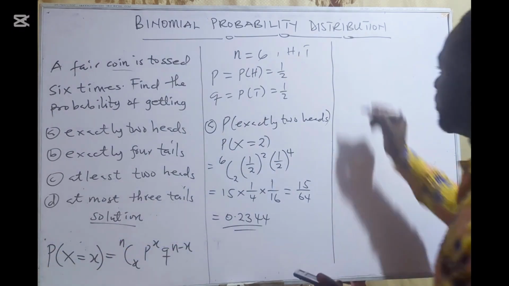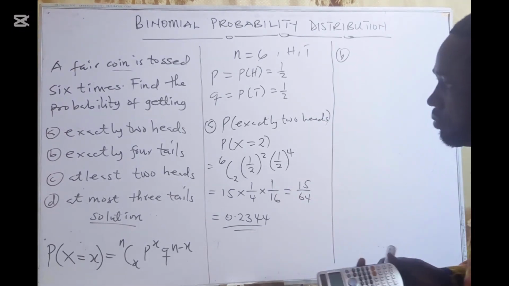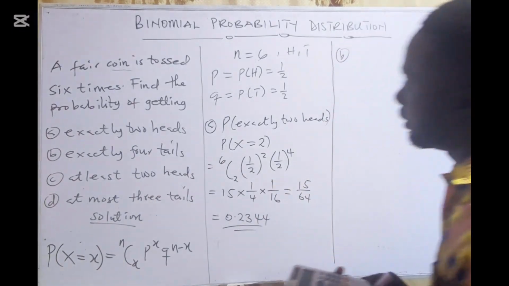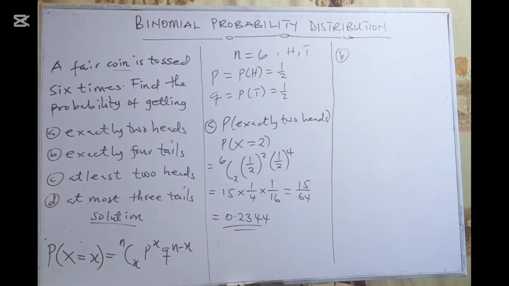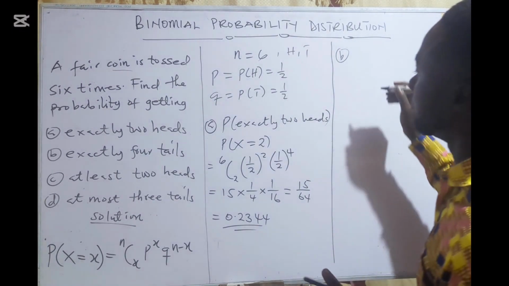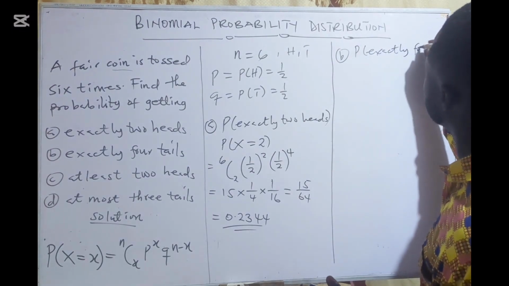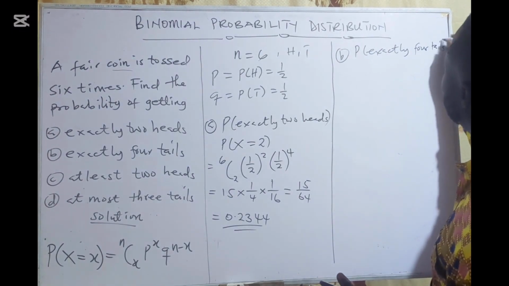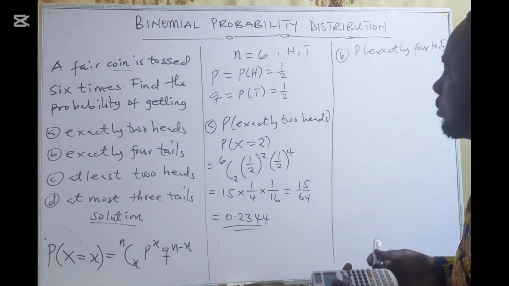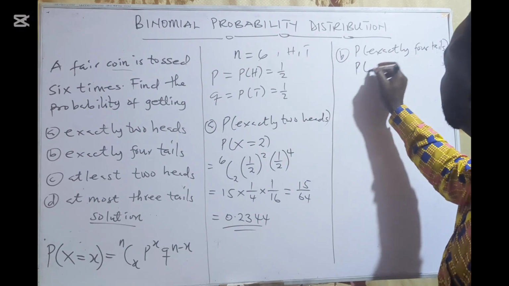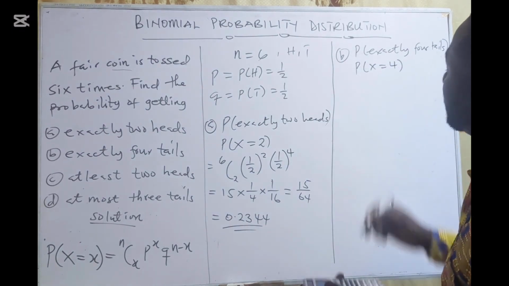Alright. Let's look at B. Exactly 4 tails. So in tossing of the coin, I'm going to get exactly 4 tails. Alright. So the probability of exactly 4 tails. The tails there will be 4, so it means that my X is going to go to 4.